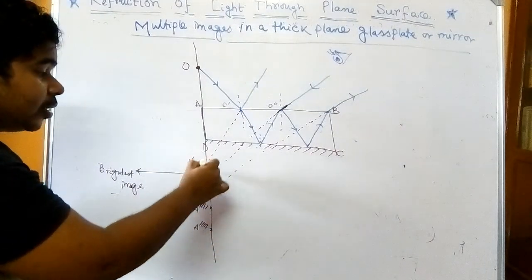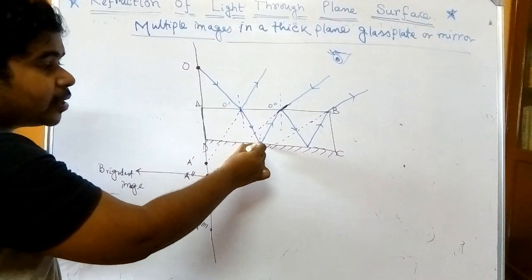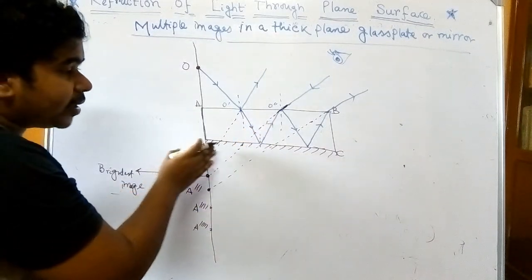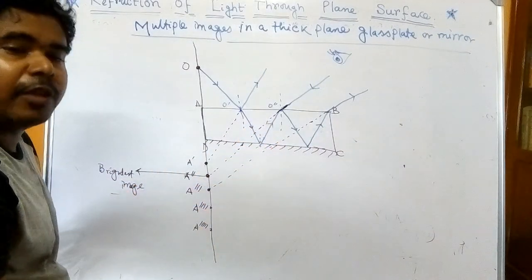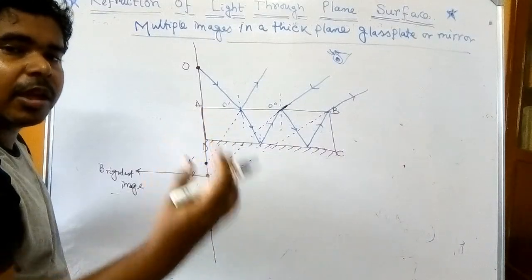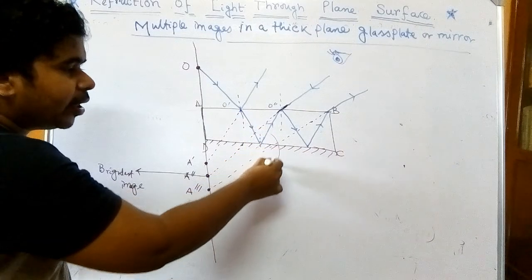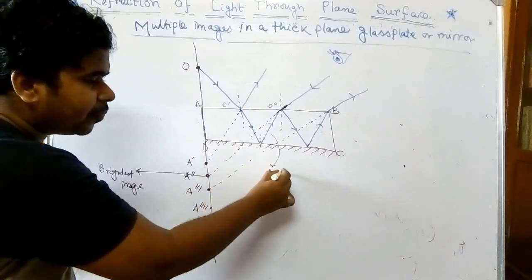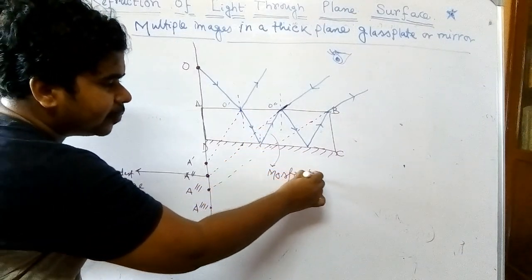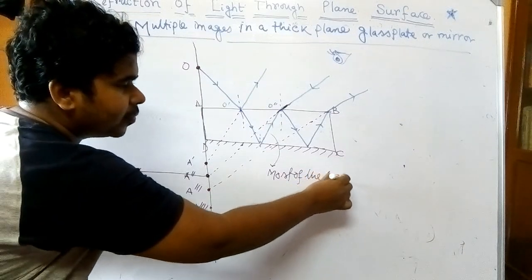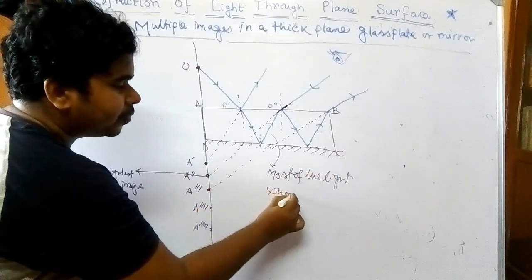But if you see A2, it is reflecting from the silvered surface. We know, we have seen our glass, if the back surface is silvered, most of the light should reflect from here.